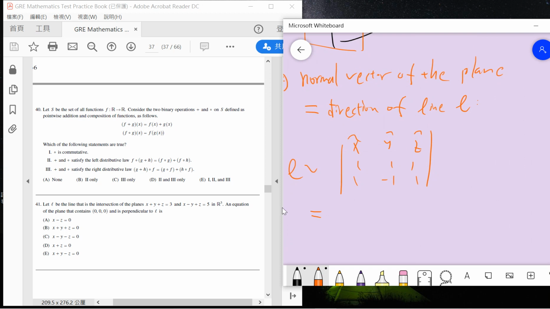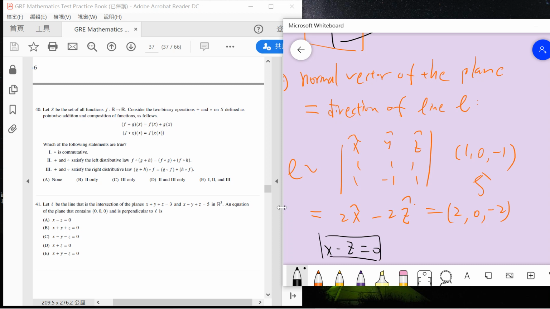So what we got is the plane's normal vector is 2, 0, minus 2. Or you can write 1, 0, minus 1. So the plane is x minus z equals 0. Very simple. So we choose A.